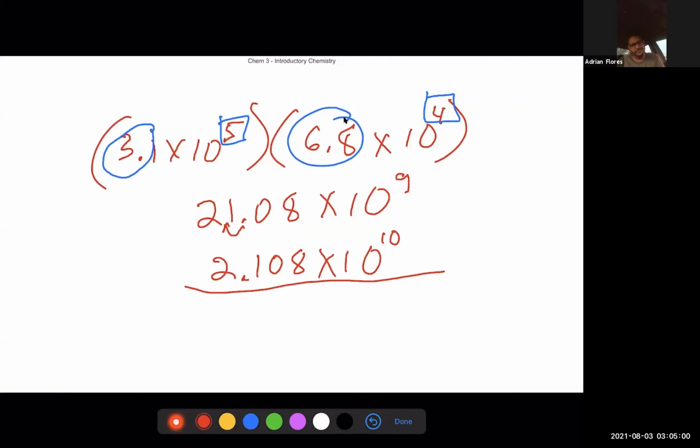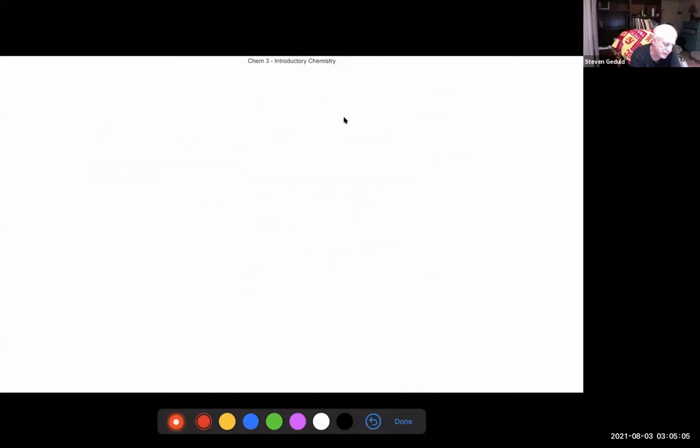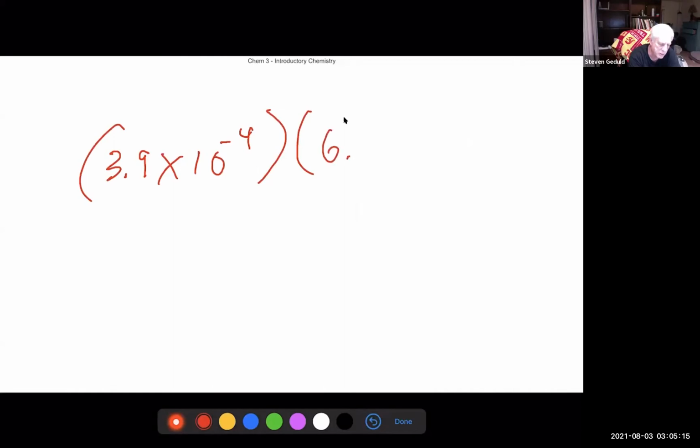Let's do 3.9 times 10 to the negative 4 times 6.2 times 10 to the third. Again, you multiply the digits: 3.9 times 6.2 comes out to 24.18.